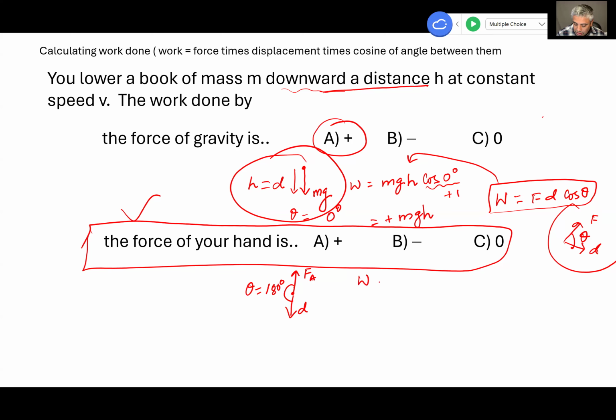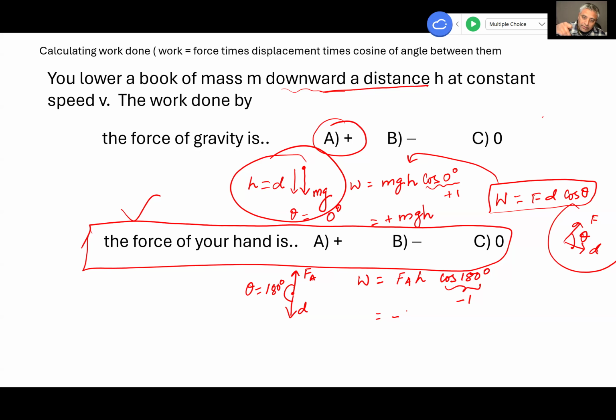So work done is F_A times displacement, which is h, and cosine 180 degrees gives us -1. So that means it's going to be negative applied force times h.